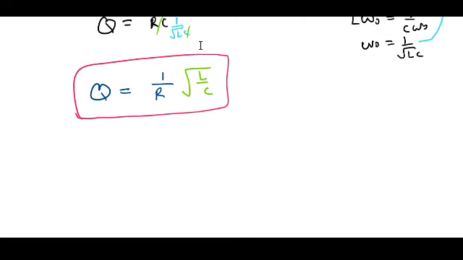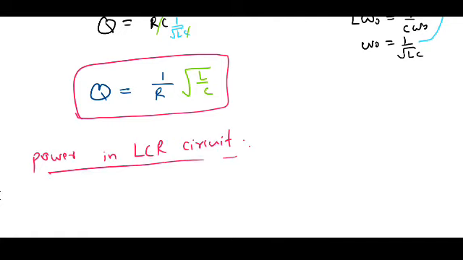We can define the power in the LCR circuit. We have always calculated the average power, that is the RMS value of the voltage into the RMS value of the current into cos phi.